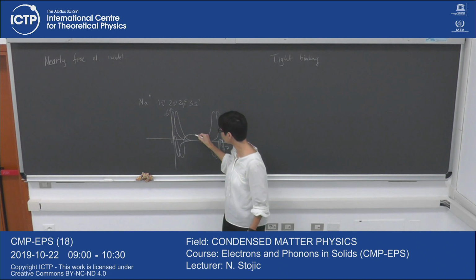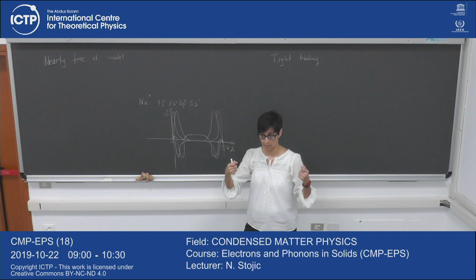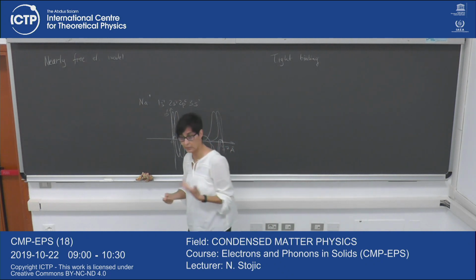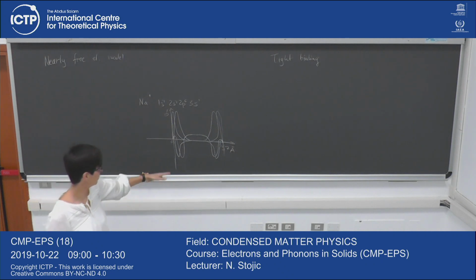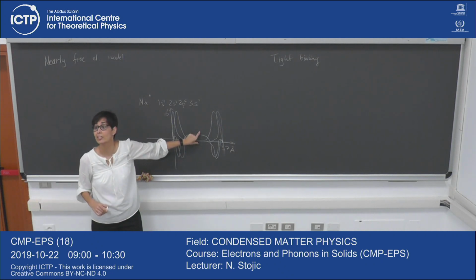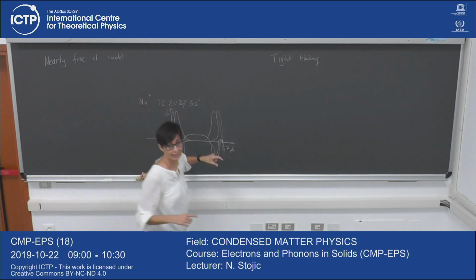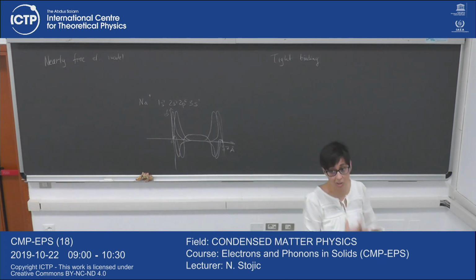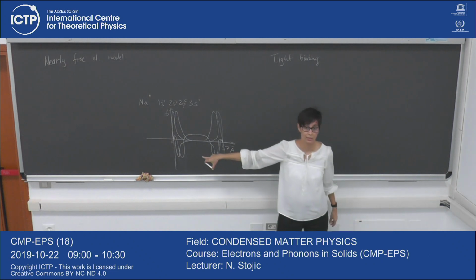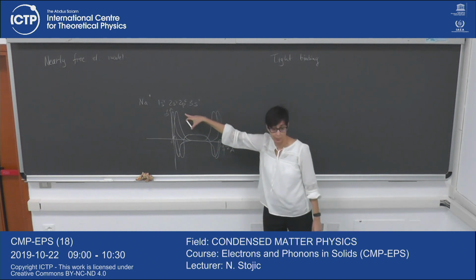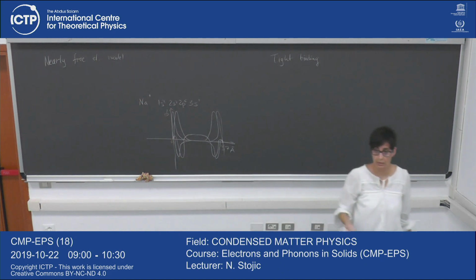So you have a significant overlap between the two atoms, which means a very strong overlap. And this would cause a very large T if you apply tight binding on this. This says you cannot, by any means, apply tight binding for this situation. And indeed, sodium is a typical free-electron system.